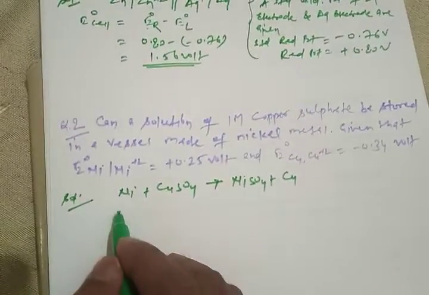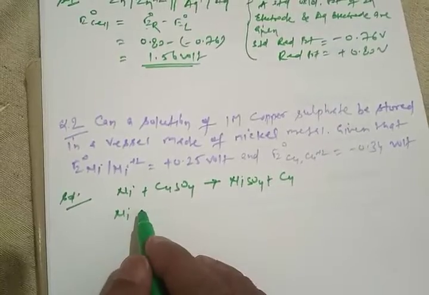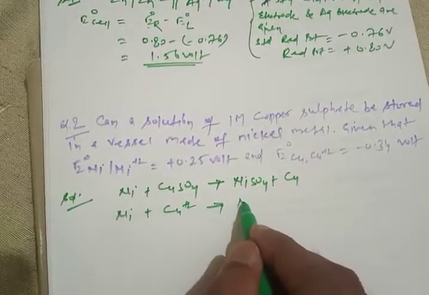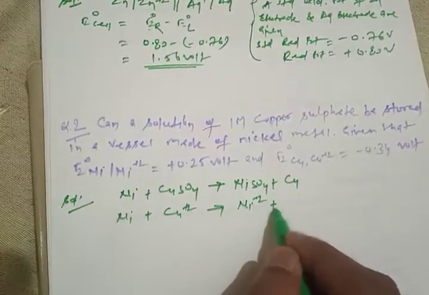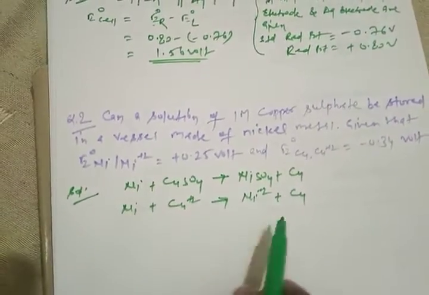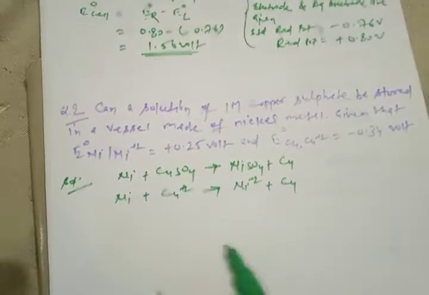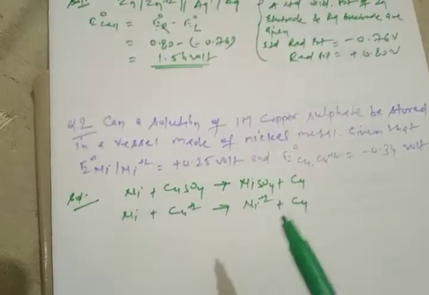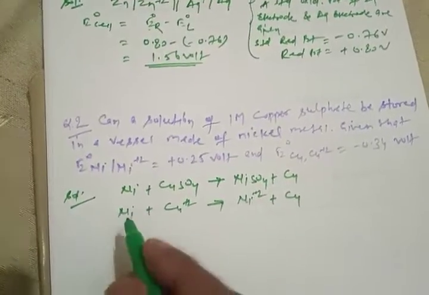If you write in the form of oxidation, nickel and copper plus 2 will give Ni plus 2 and copper. So we actually want to know whether this reaction will proceed or not. This is the meaning: can this copper sulfate be stored in a nickel metal vessel?